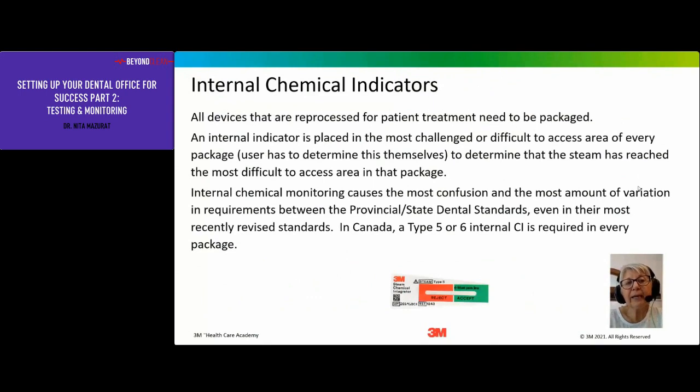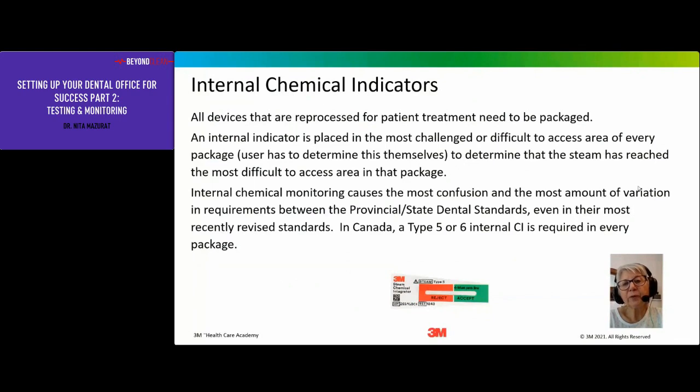Internal chemical indicators. All devices that are reprocessed need to be packaged. An internal indicator is placed in the most challenged or difficult to access area of every package, and that's hard, especially with a peel pouch because it falls to the bottom, but it's still hopefully between instruments or devices, and it's to determine that the steam has reached the most difficult to access area in that package.